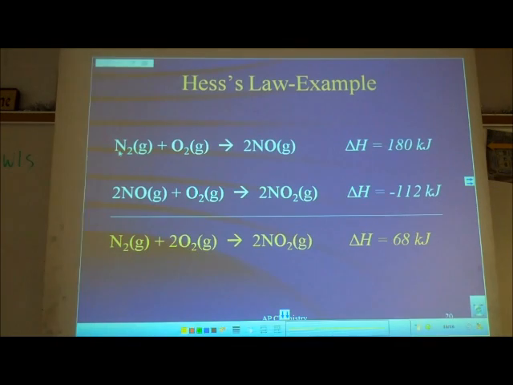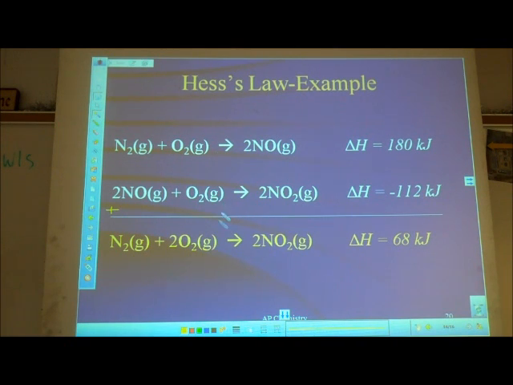Here are those 2 steps that it took for my overall reaction to occur. Now, in a Hess's Law problem, you will be adding these mini reactions together. And we've done something similar to this before.